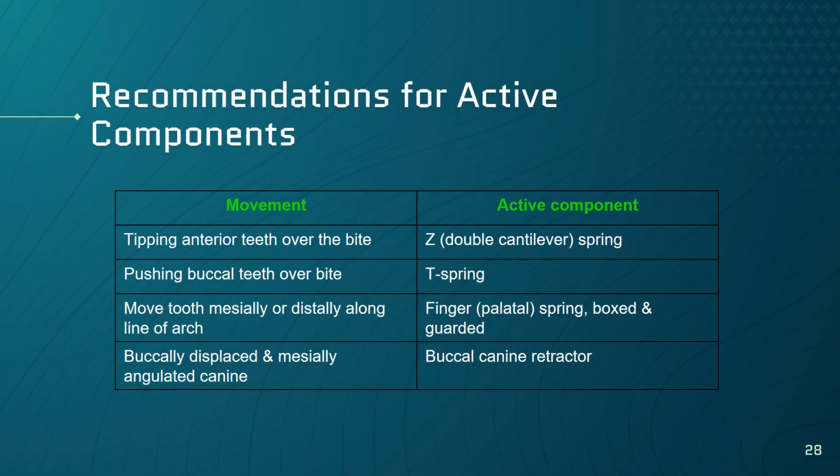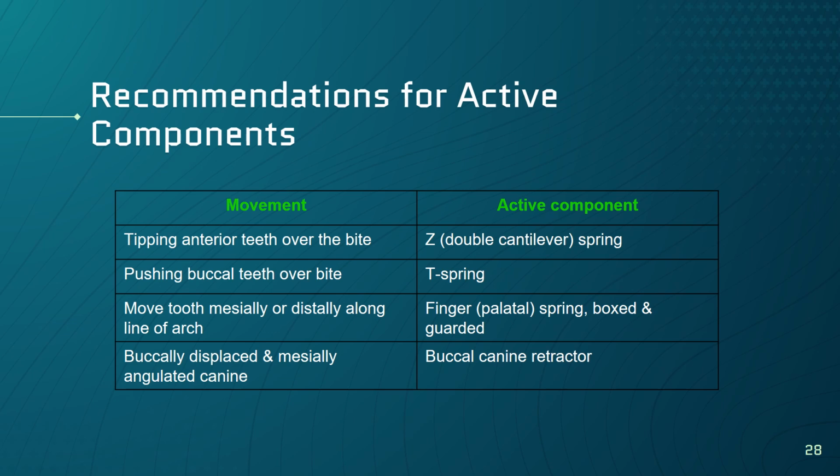Now, what are the recommendations for active components? If the intention is to tip the anterior teeth over the bite, the preferable component is a Z or double cantilever spring. If the same is being done to the buccal teeth, then the preferable component is a T spring.